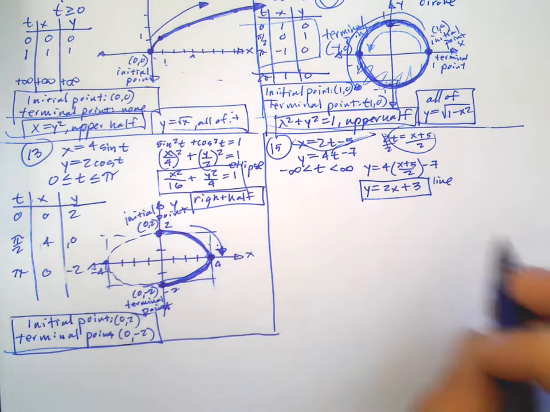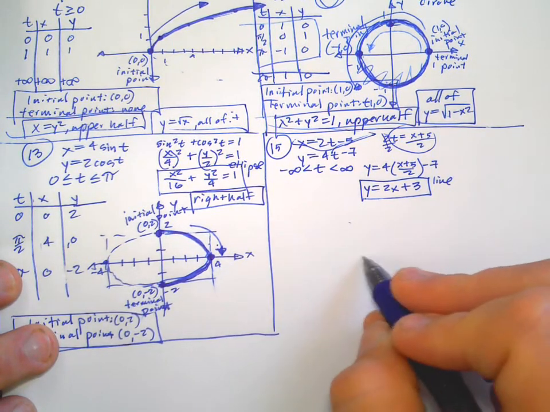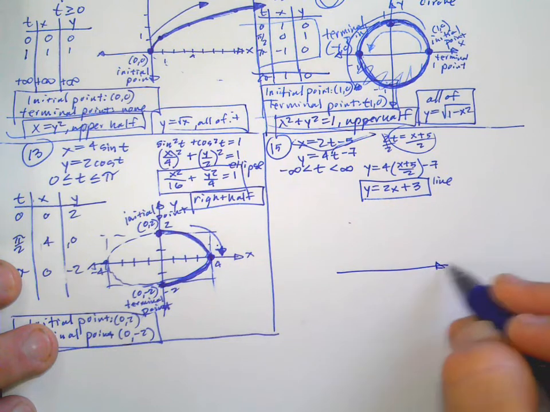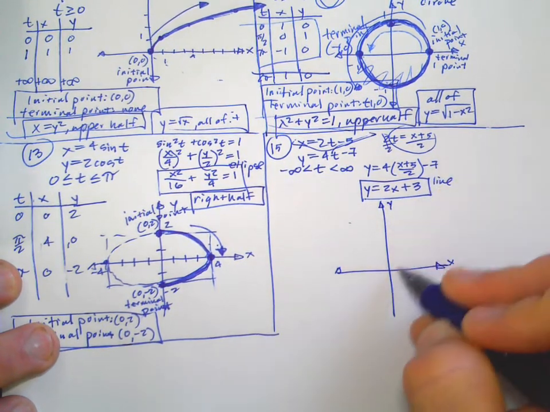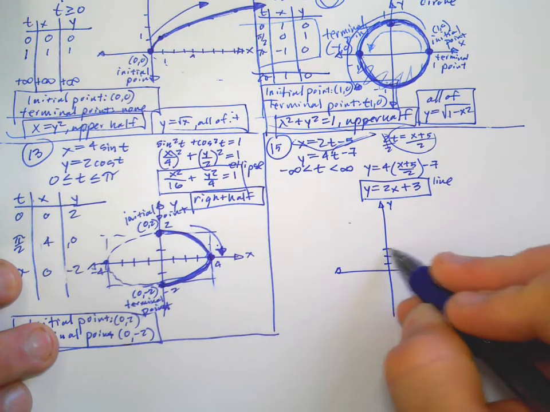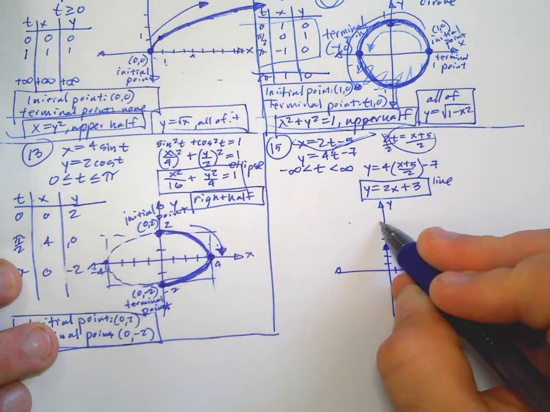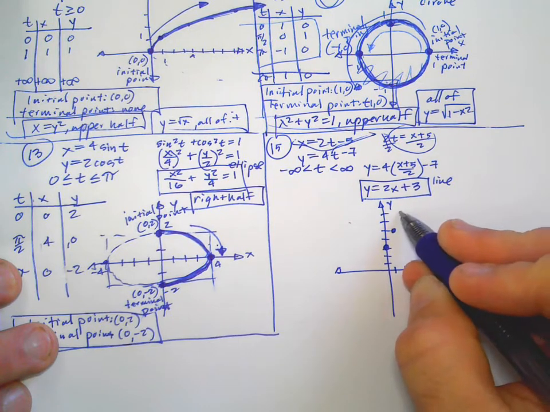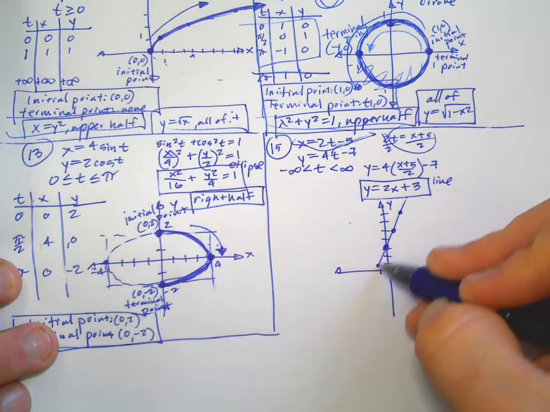Okay, and I think it's going to just be the entire line. So graph our line. So it starts at 3, and then it goes up 2 over 1, up 2 over 1, or down to the left 1. So it looks like this.